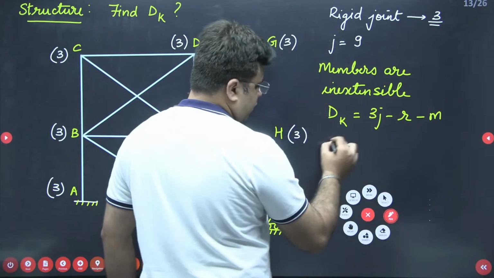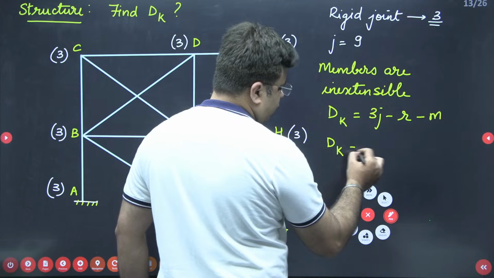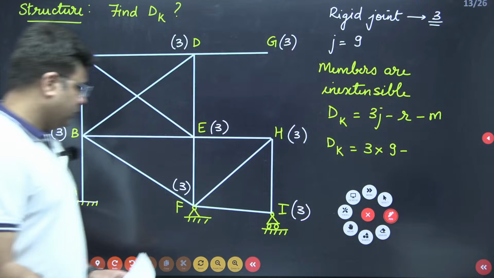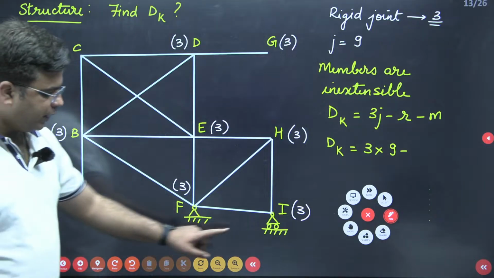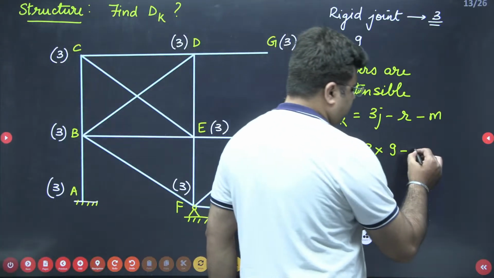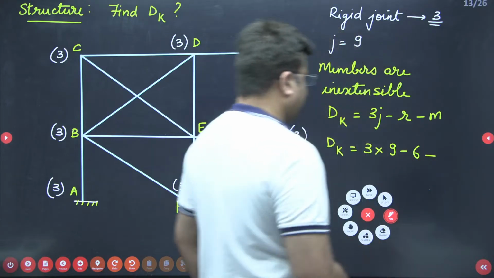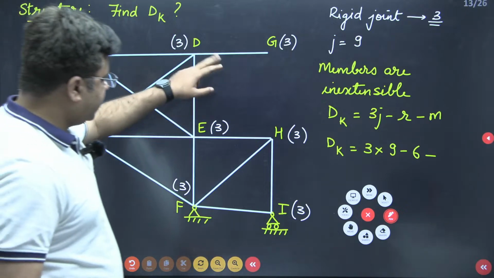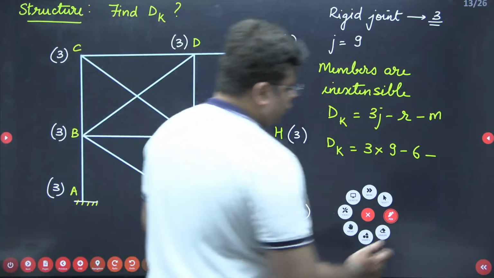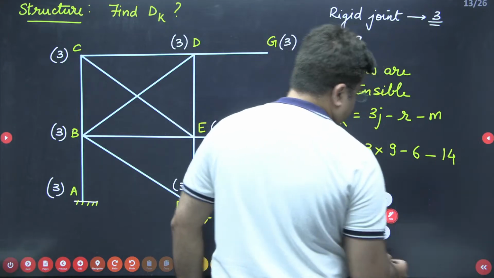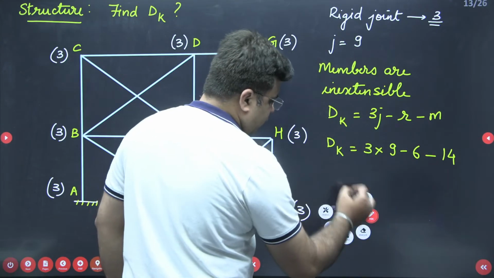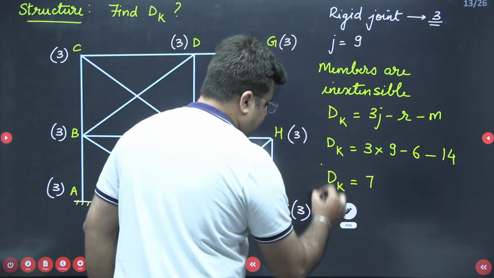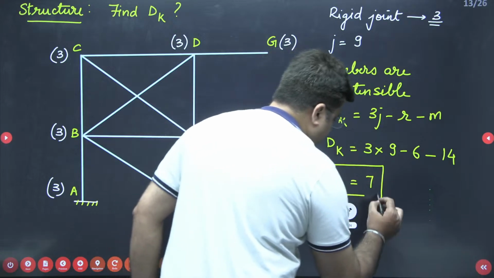So dk is equal to 3 into 9 joints, minus the number of support reactions: 3, 4, 5 and 6, so 6 support reactions, minus the number of members: 1 to 14, so 14 members. So 27 minus 20 is 7. So dk for this frame is equal to 7.